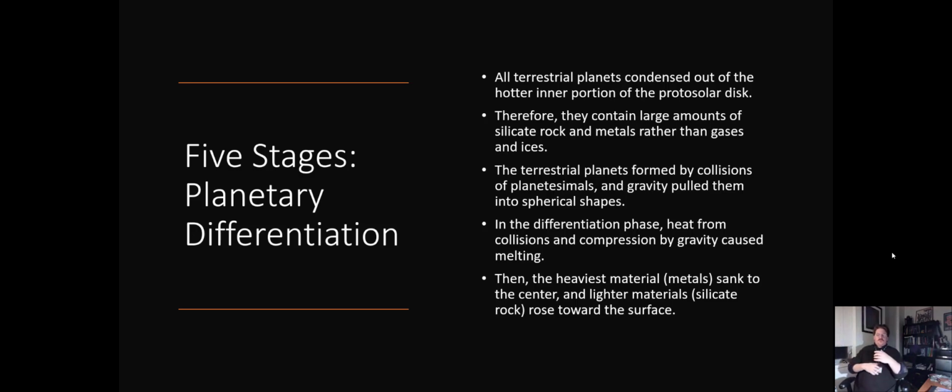So, the 5 stages of planetary differentiation. Again, the terrestrial planets condensed from the hotter inner portion of the protosolar disks. This was due to, first, electrostatic accretion, or electrostatic gathering by very fine dust grains.